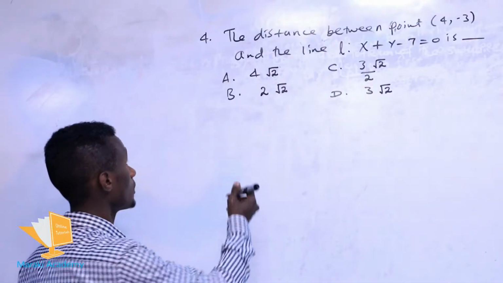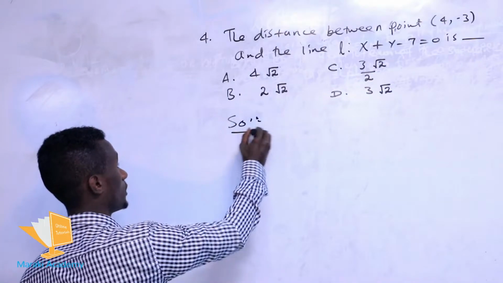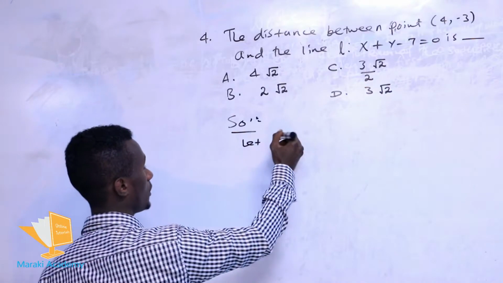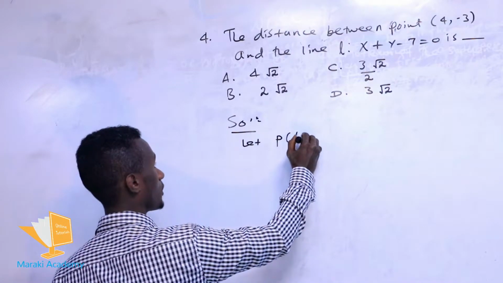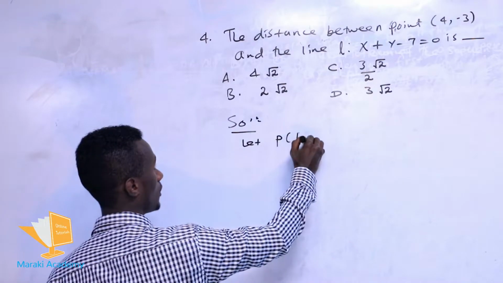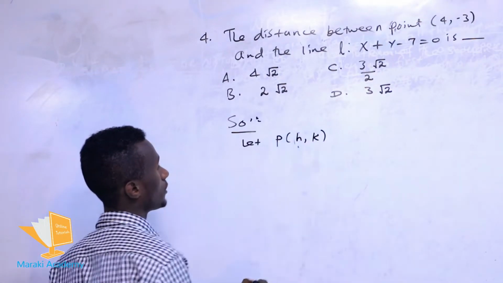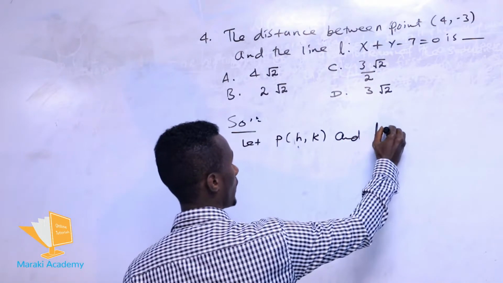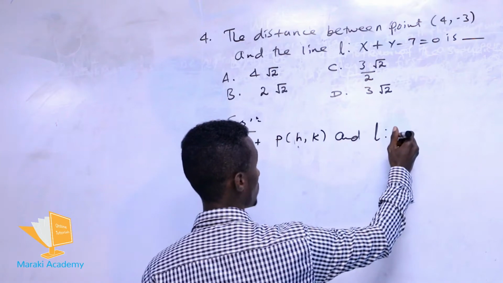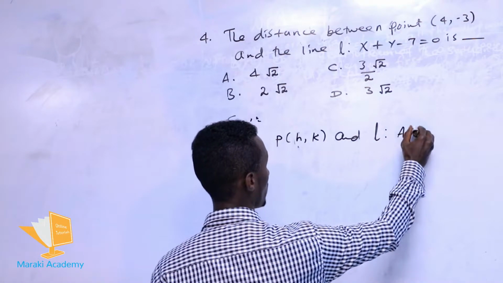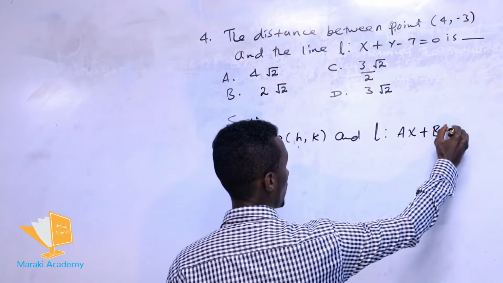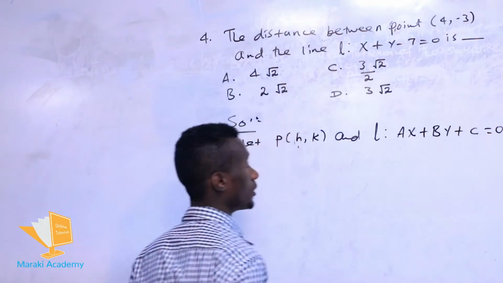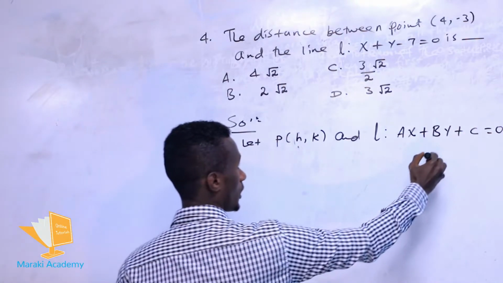In general we can consider a point P with the coordinates H and K, and the line can be represented in this form: A times X plus B times Y plus C equals 0.